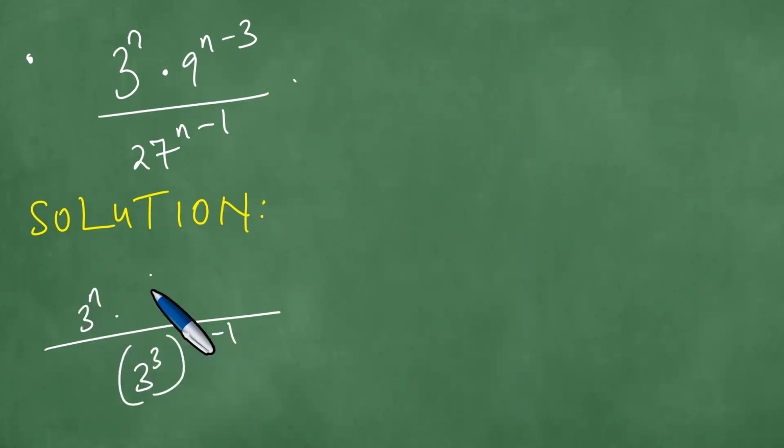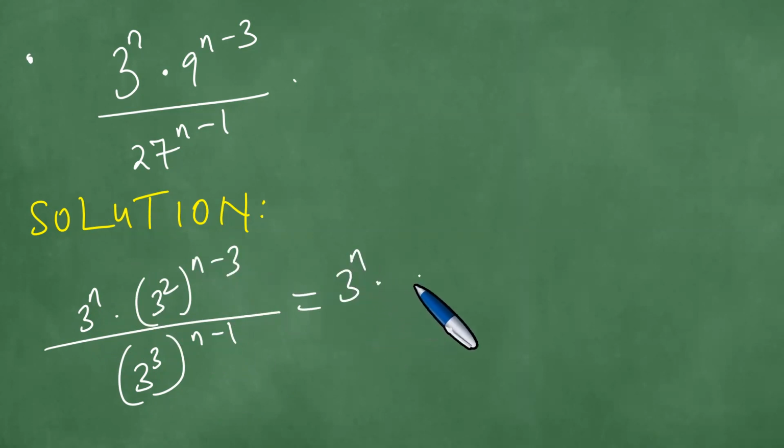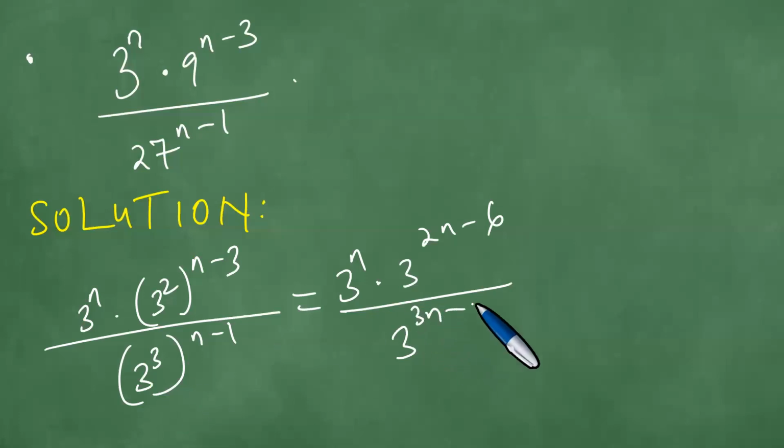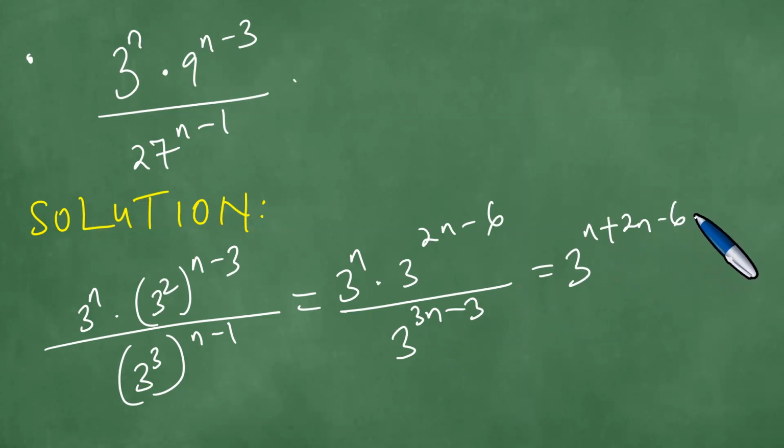Then there's 3 to the power of n, and 9 is 3 squared to the power n minus 3. So this one is 3 to the power n plus 2n minus 6. Then you minus 3n minus 3. What do we get here, Leander?